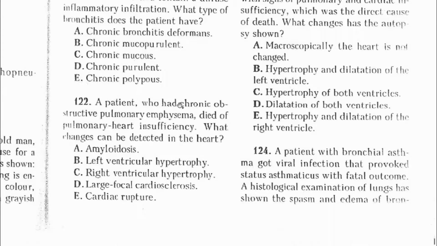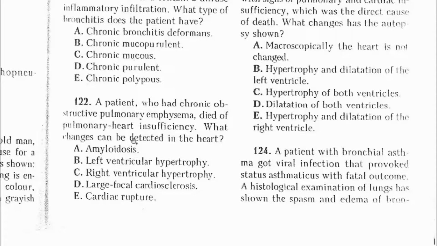A patient who had chronic obstructive pulmonary emphysema died of pulmonary heart insufficiency. Emphysema is enlargement of the alveoli. What changes can be detected in the heart? So as I said, emphysema is overinflation of the alveoli.